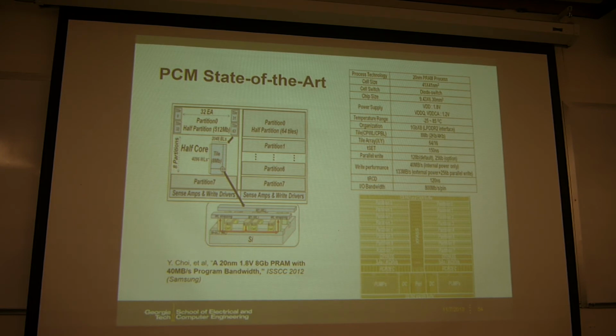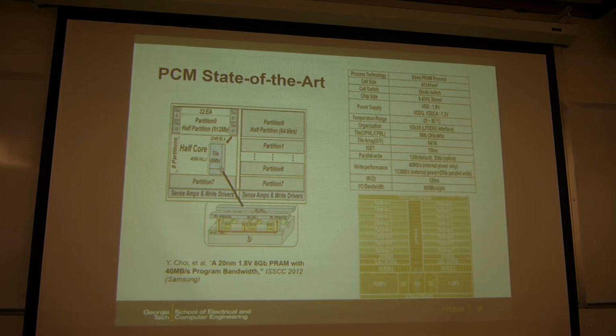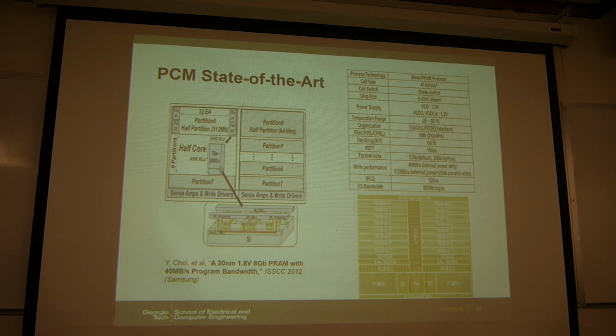And then later, we know the story, right? So in 2015, Intel and Micron announced 3D XPoint, which is based on phase change memory. So the key enabler for 3D XPoint is not the phase change memory itself, because the phase change memory itself has been there for quite some time, right?